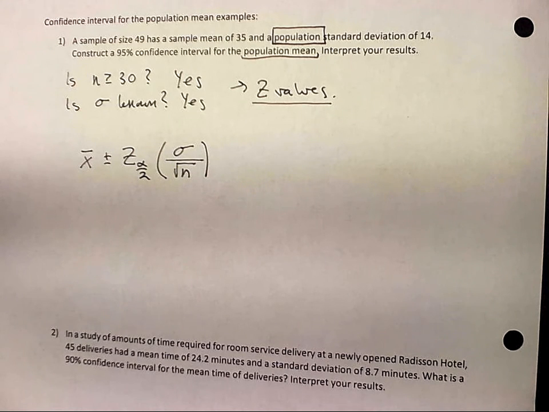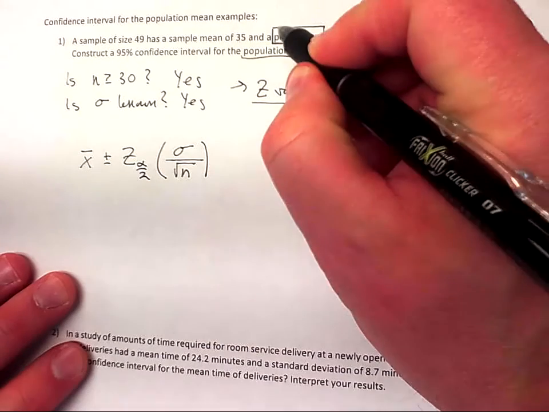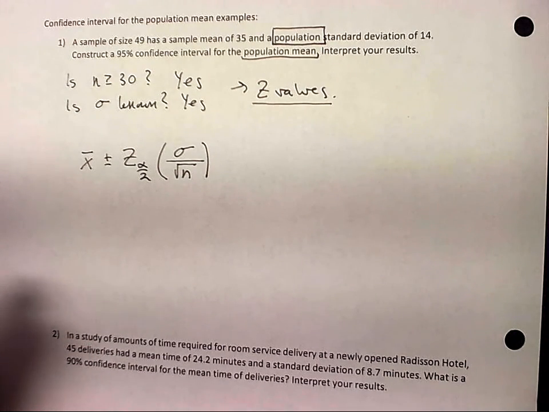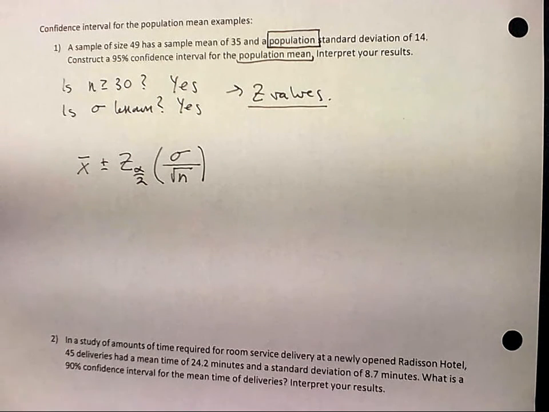It can say, hey, you have a population with a mean of 5 and a standard deviation of 2. Well, there it's saying that your standard deviation is coming from the population. If it says you have a sample with mean 5 and standard deviation of 2, well, now you know that your standard deviation is coming from a sample, right? So your telltale sign of whether or not you're using a population is that you have to have the population word in there whenever it's talking about the standard deviation. All right. So therefore here we do know sigma.